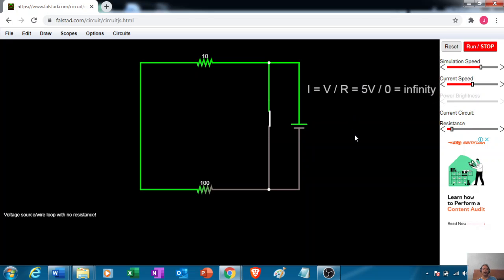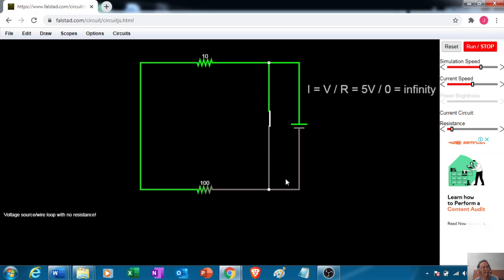So lesson learned, never short circuit. No, this is also known as the short circuit. Never short circuit your source. No, the supply, the battery source, okay, or the 220 volt source or any voltage source for this matter, never short circuit the terminals.